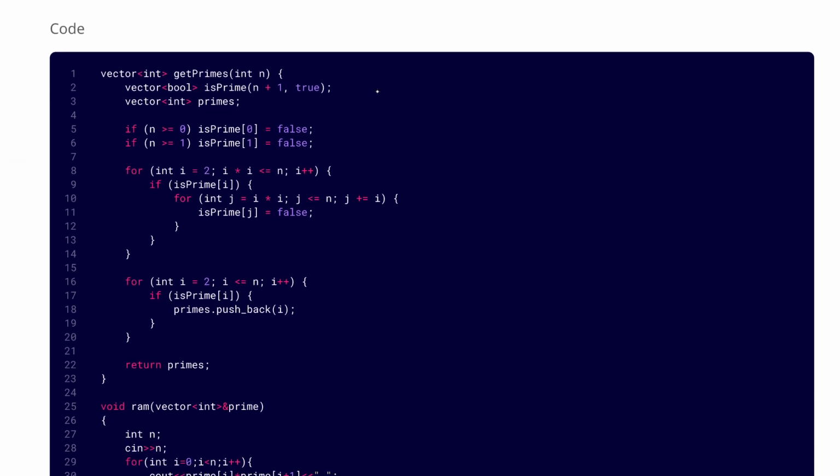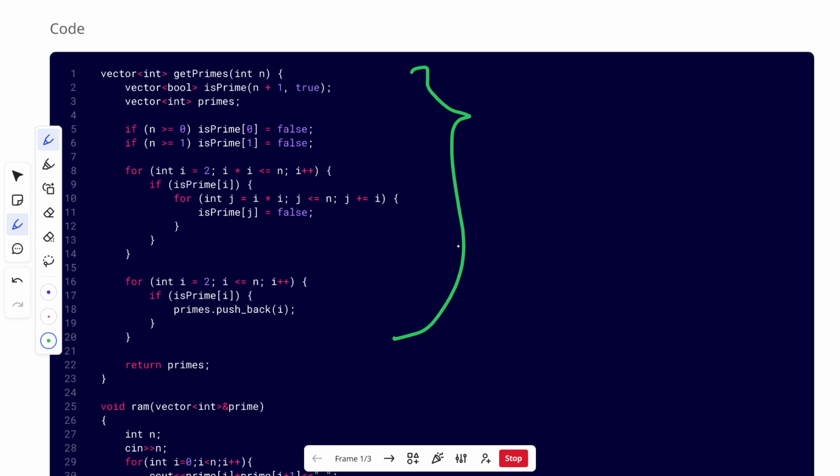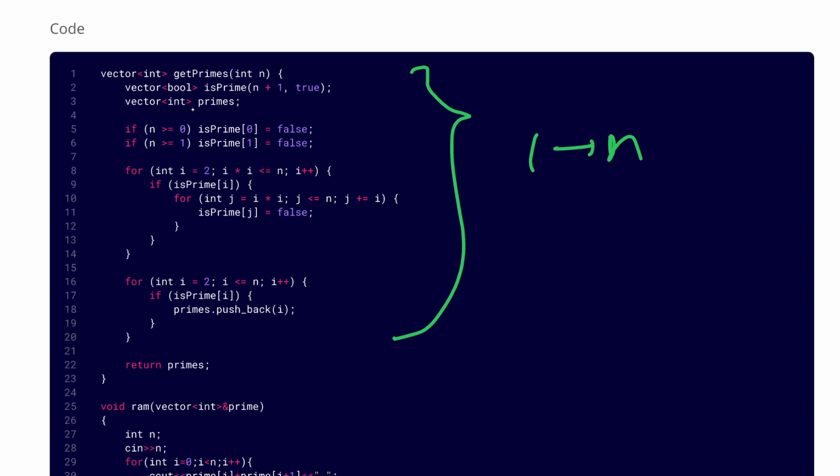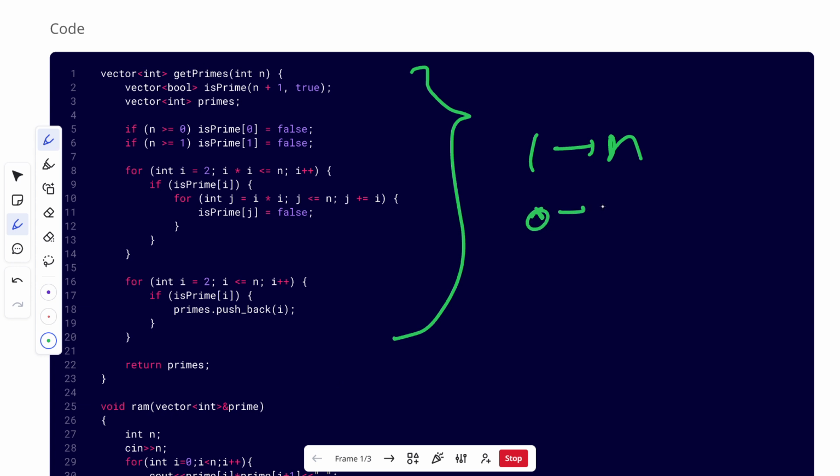We will find all the primes up to the limit using the Sieve of Eratosthenes algorithm. In this algorithm, we initialize 0 and 1 with false, because 0 is neither prime nor composite, and 1 is also not prime. Then, suppose 2 is prime.